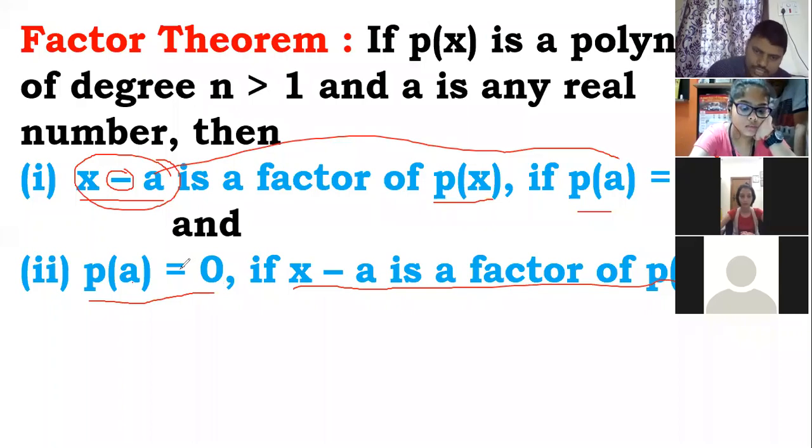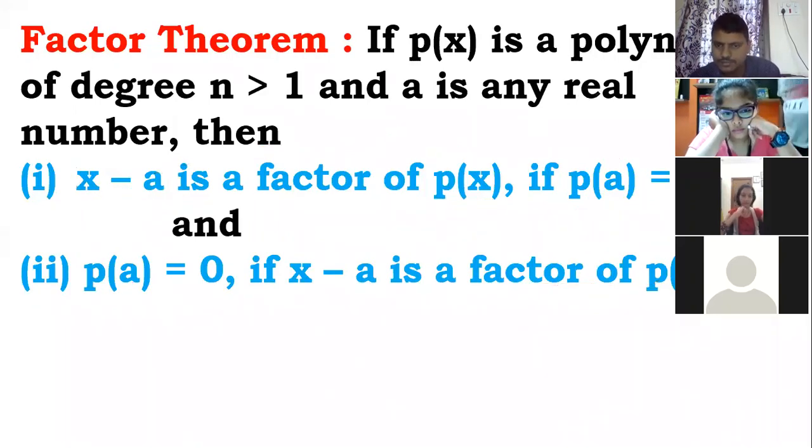If you got answer 0, that is a factor. Is it clear? So I'll show the examples.